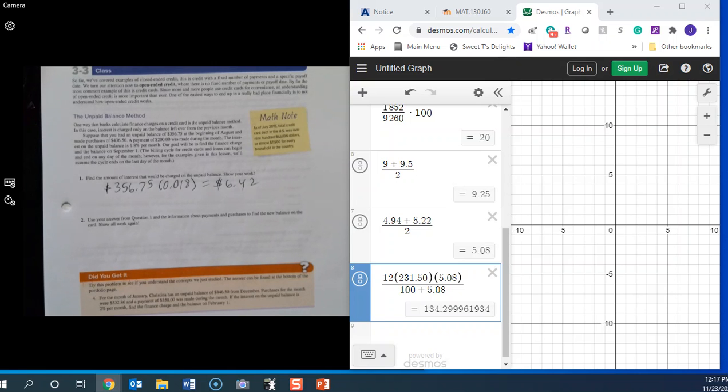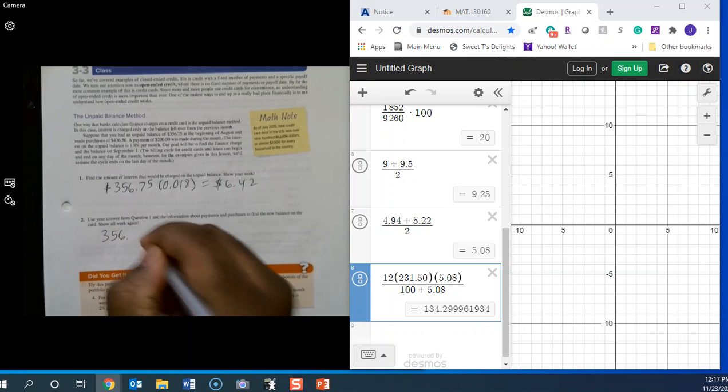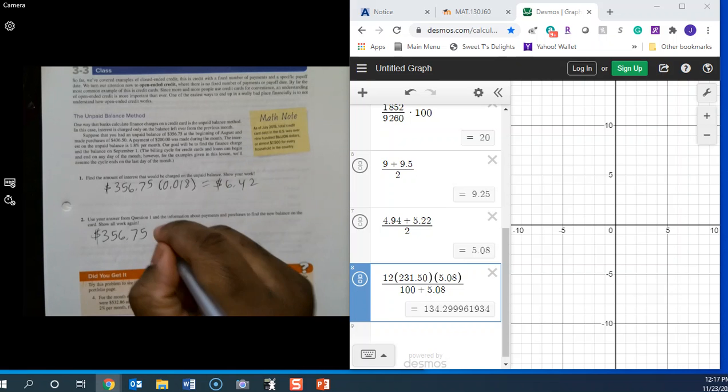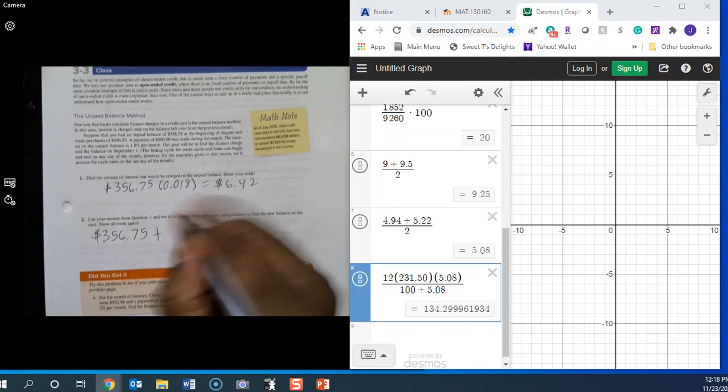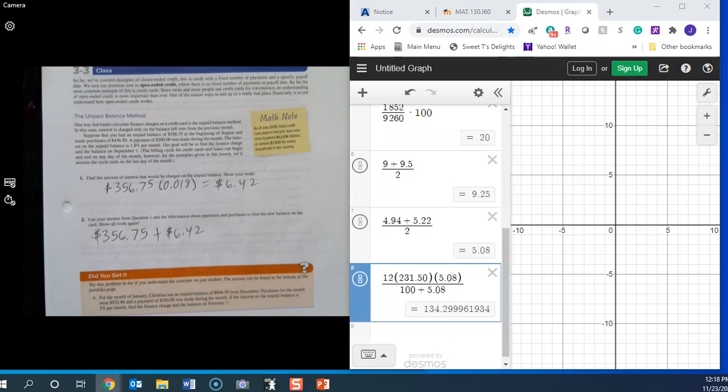Now it says use your answer from question 1 and the information about payments and purchases to find the new balance on the card. Show all work again. Okay, first of all, we started off with $356.75 from the previous month. Then we add on the interest, which is $6.42.